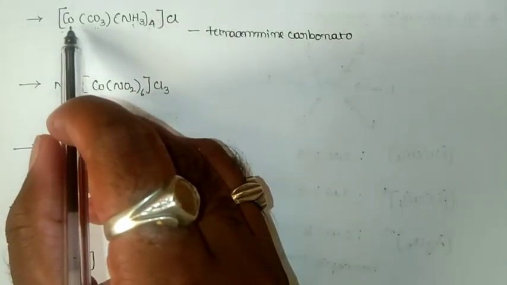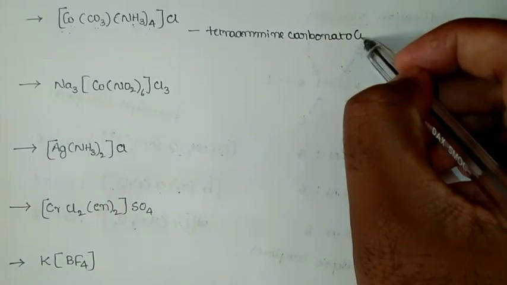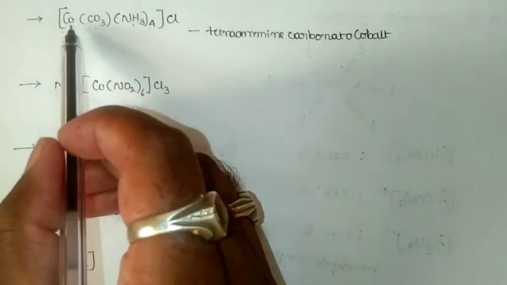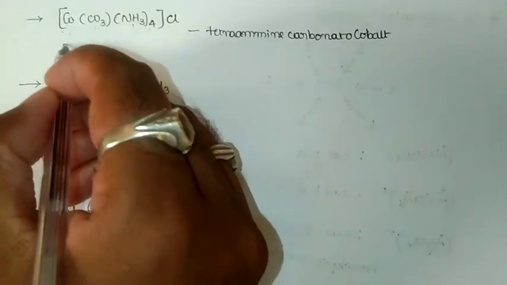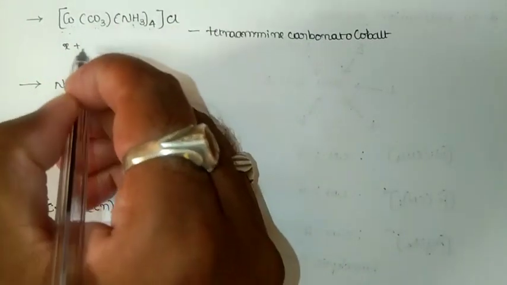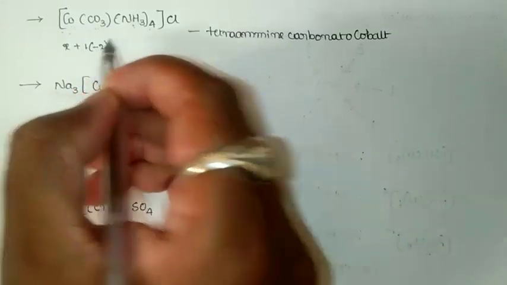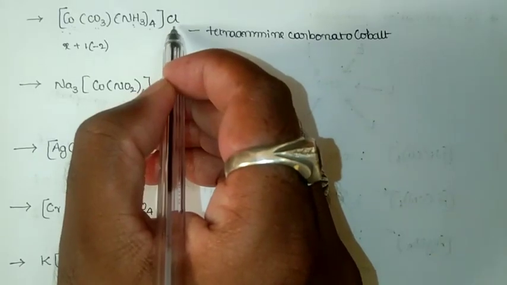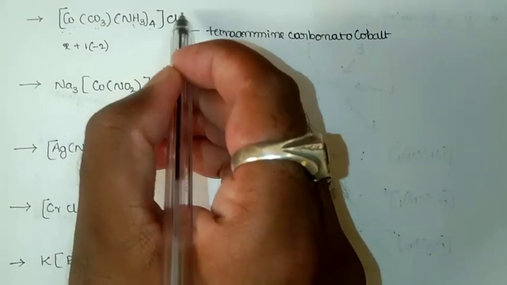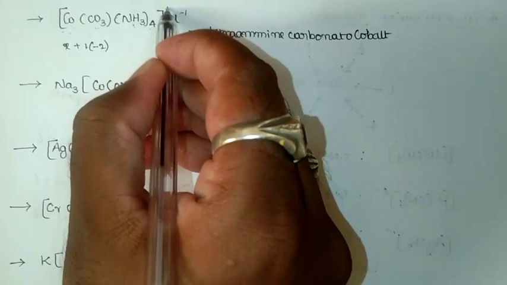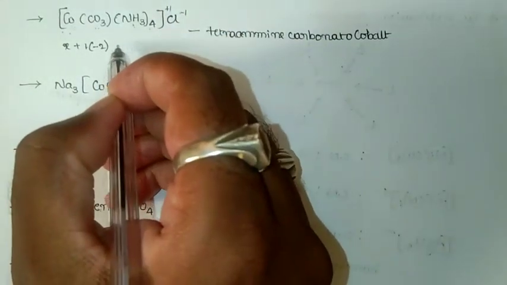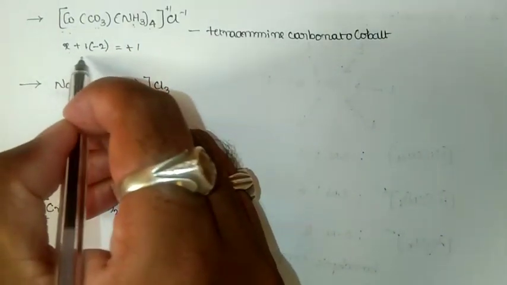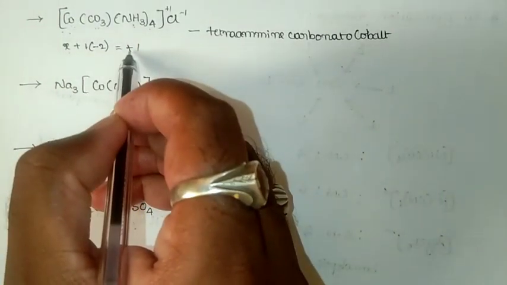Then the name of the central metal ion. The central metal ion is cobalt. And now we should find out the oxidation state of it. So x plus carbonate is in 1 number, which has 2 negative charges, and amine is a neutral ligand, so we need not consider it. The ionic sphere is Cl, which has -1, so the cation has +1. So x minus 2 is equal to +1.